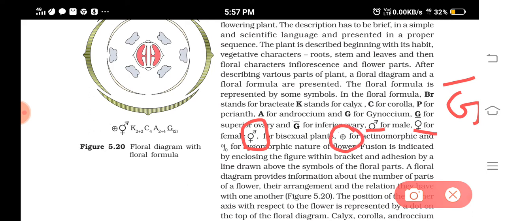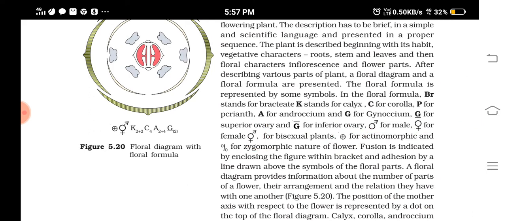Then this is actinomorphic. Do you remember what is actinomorphic? If the flower can be divided into two equal halves through any plane, then it is actinomorphic, just like radial symmetry, isn't it?